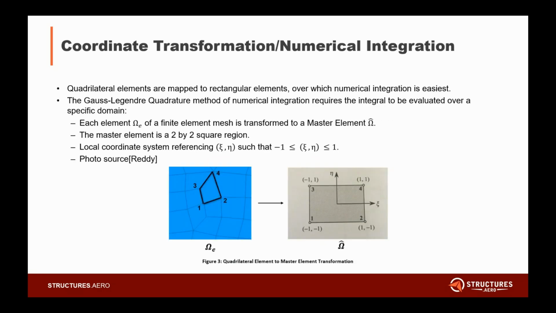General quadrilateral elements are transformed, or mapped, to a square master element, at which point mathematical techniques such as Gauss quadrature are used to numerically integrate the interpolation functions under specific conditions. In the figure you can see a meshing element in blue and how that is then transformed into a master element on the right.